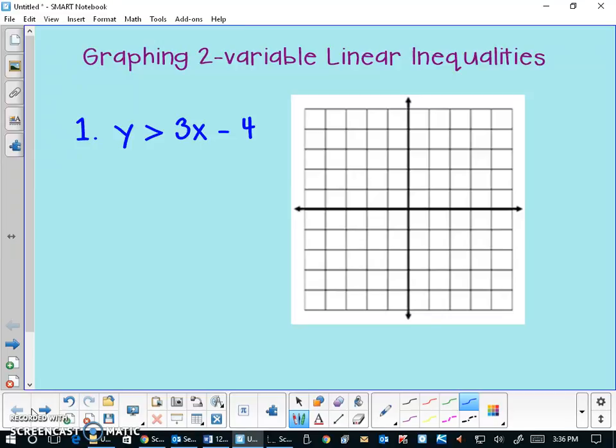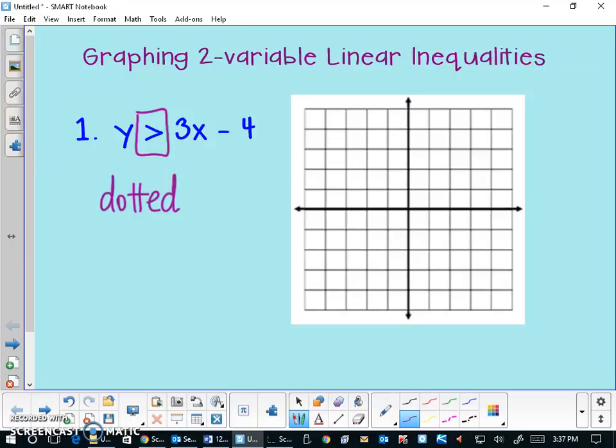So a couple things we want to think about when looking at this greater than symbol. It tells us two things: if our line is solid or dotted, and which direction we're going to shade, up or down. Since it does not have the equal to sign, this is going to be a dotted line.